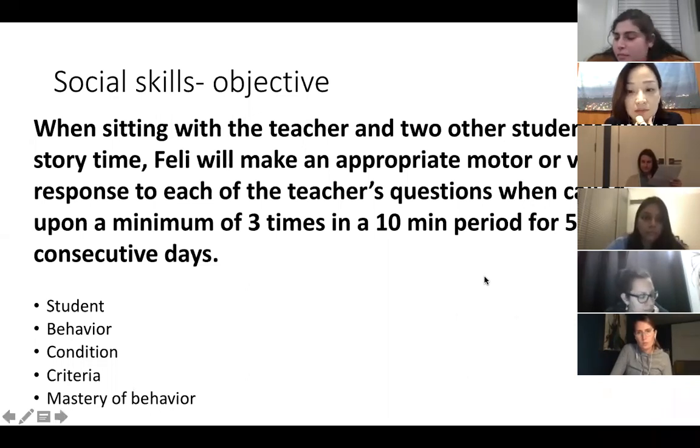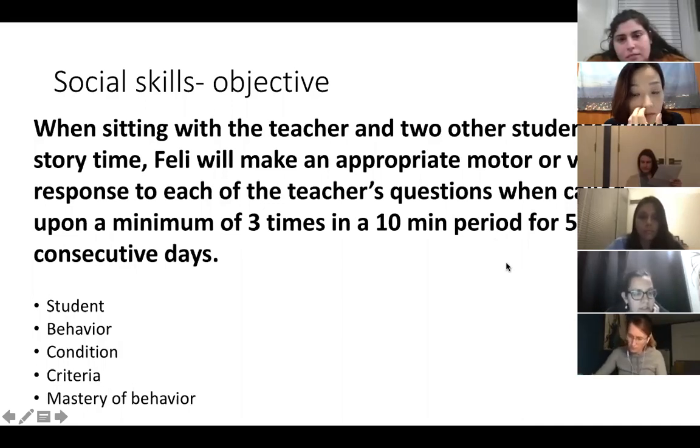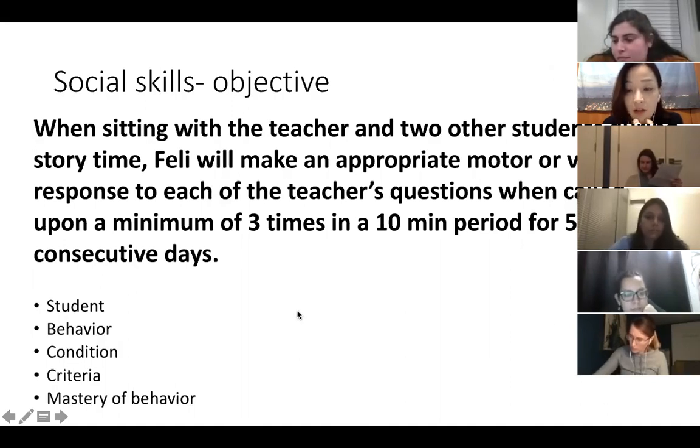And then the last one, mastery. Would it be over the 5 days? Right, 5 consecutive days. So you can tell the maintenance of the behavior at the high level. Thank you, Paola. Good work.